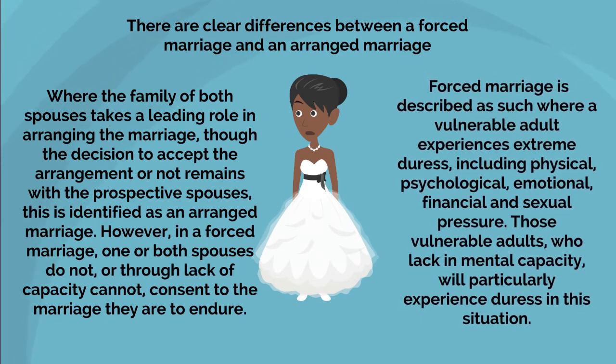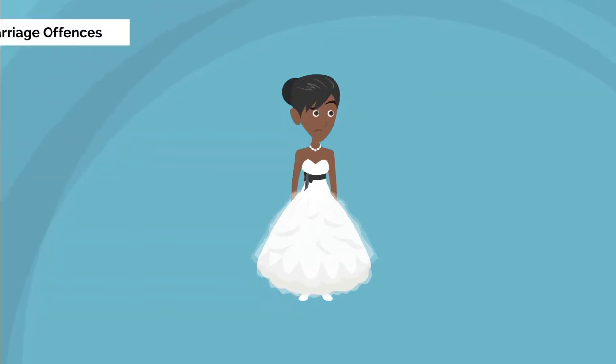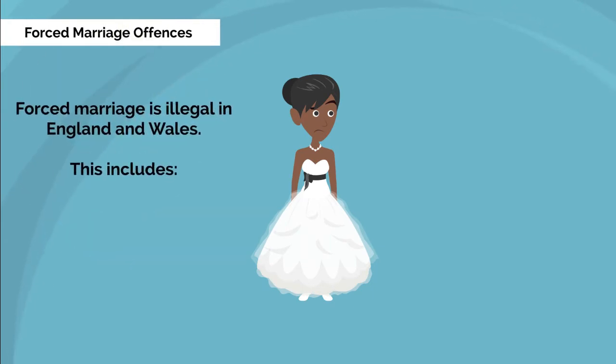Forced marriage is described as such where a vulnerable adult experiences extreme duress, including physical, psychological, emotional, financial, and sexual pressure. Those vulnerable adults who lack mental capacity will particularly experience duress in this situation. Forced marriage is illegal in England and Wales.